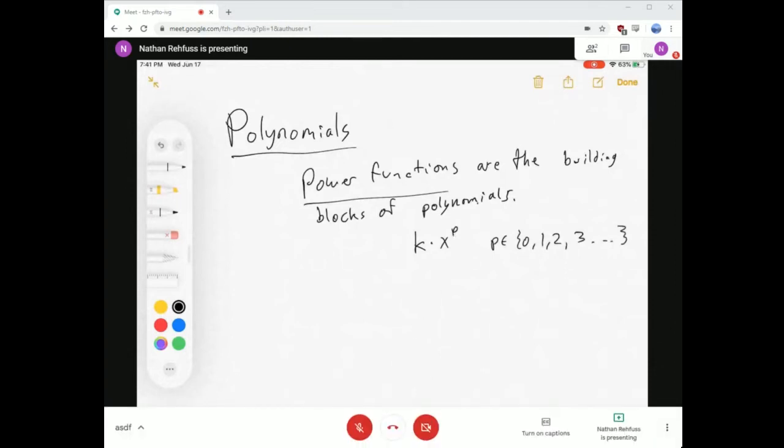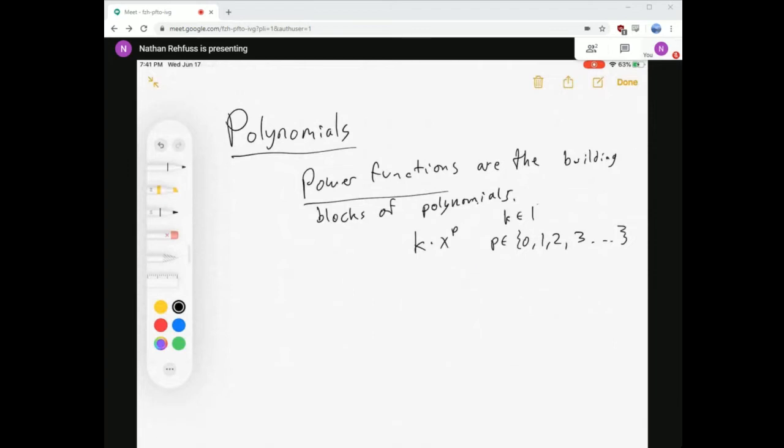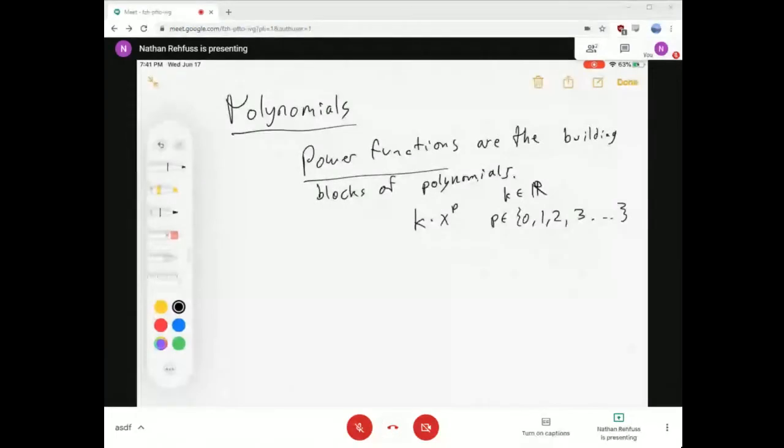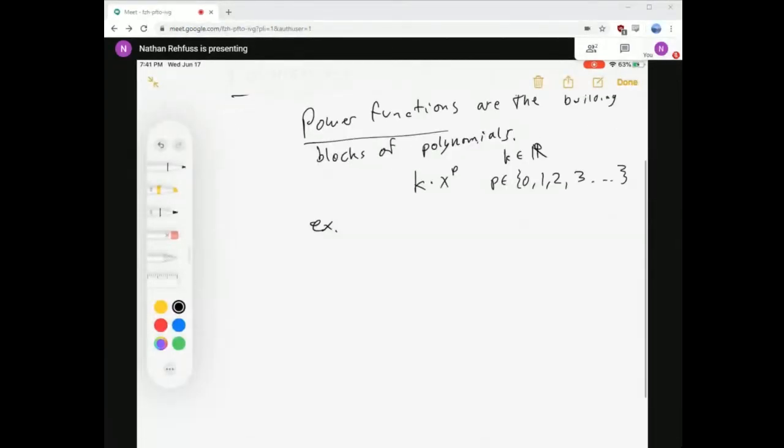So the exponent has to be a nonnegative integer. The coefficient can be anything. k is any real number. So, for example, I could have 5x to the sixth, or x squared, or 3x, or 2.